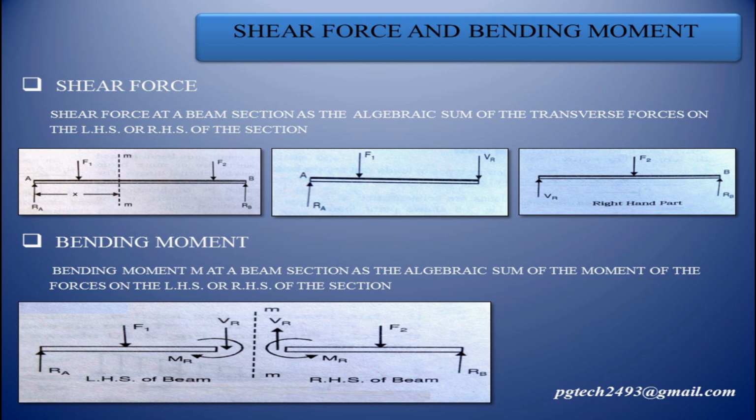Not only is a resistive force required at the section, but a resistive moment is also required for the equilibrium of the left part. The moment is opposite to the algebraic sum of the moments of all the forces on the left hand side of the beam. Similarly for the right hand side of the equilibrium, but opposite in sense. Thus, we can define bending moment at a beam section as the algebraic sum of the moments of the forces on the left hand side or right hand side of the section.